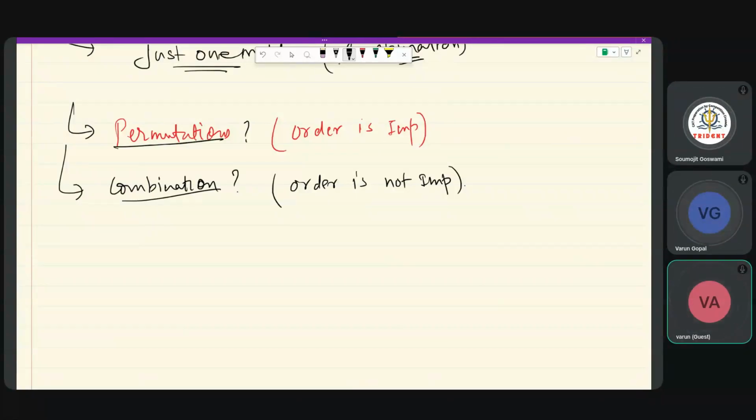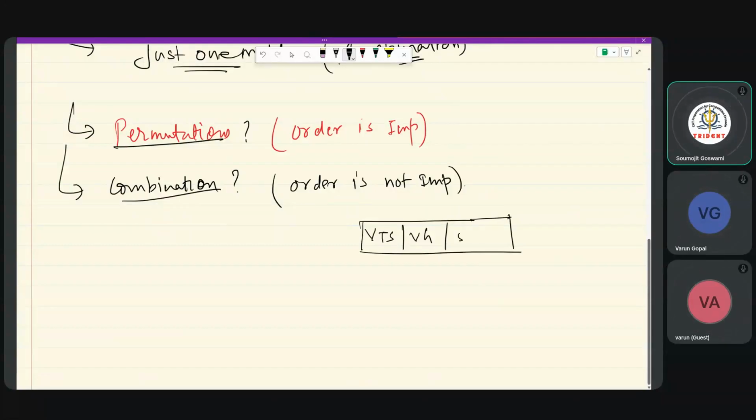Suppose, let's say you, Varun, VTS, Varun Gopal, and let's take one more fellow, Shiv, who's not with our classes.